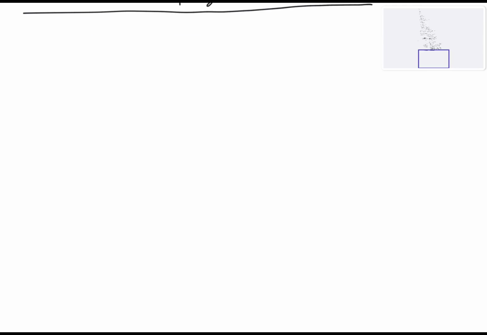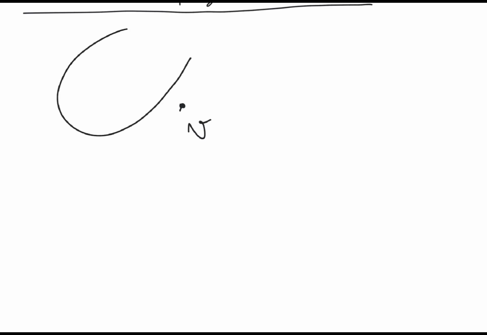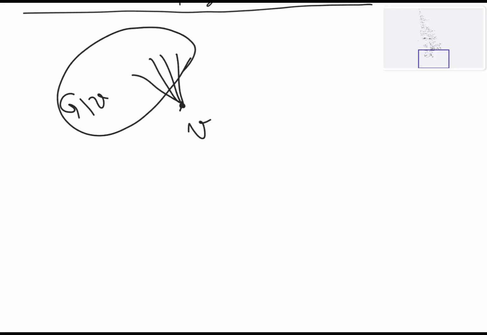Returning to the original theorem, we have this vertex v, and we have this remaining graph G minus v, and v is connected to delta vertices, which are exactly the vertices that we denoted v1, v2, and so on, v delta.